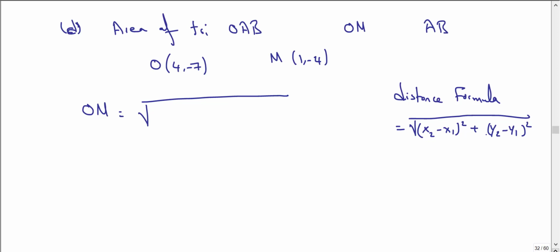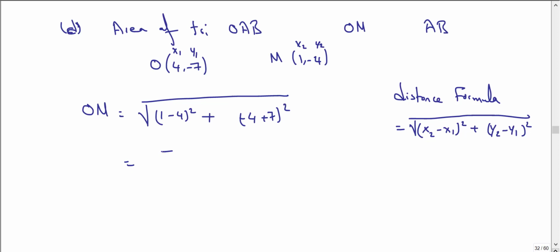Whenever I ask for distance, use this formula. This is x1 y1, x2 y2. So 1 minus 4 all squared plus negative 4 minus negative 7, that's plus 7.